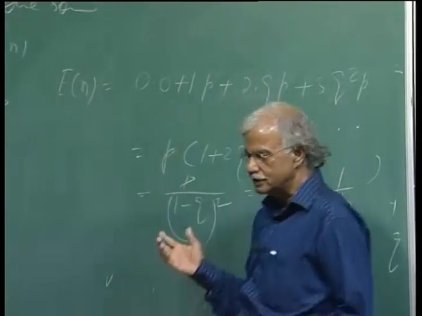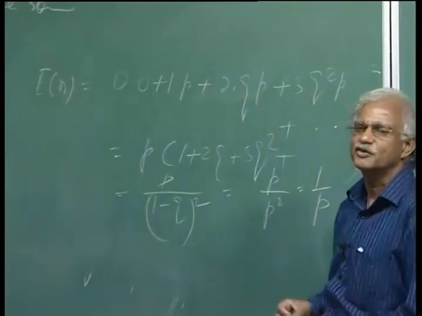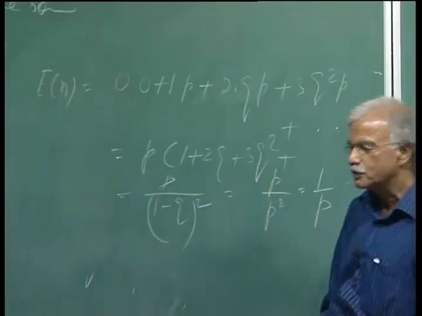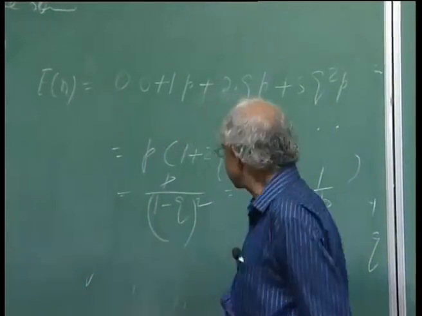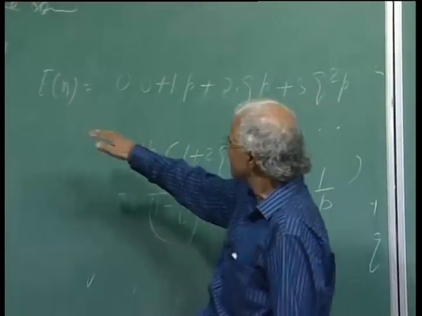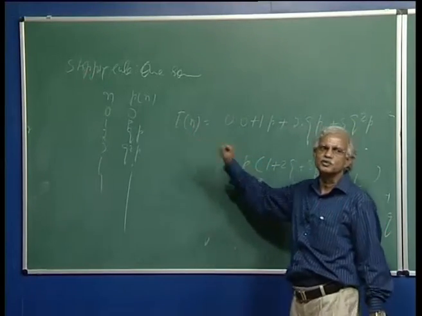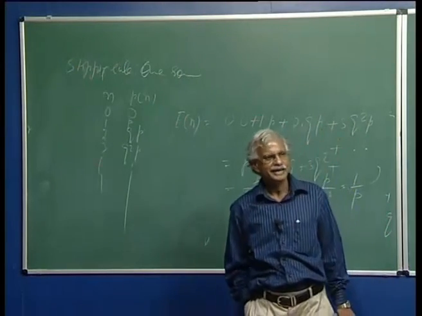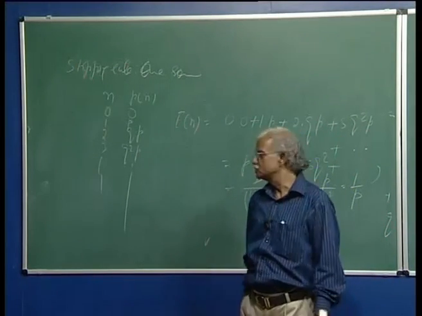That means, if P is exactly 0.5, that is, the probability of getting a son and the probability of getting a daughter are the same, then the expected value of n would be 2. In a population in which everybody wants a son, on the average people will have 2 children.